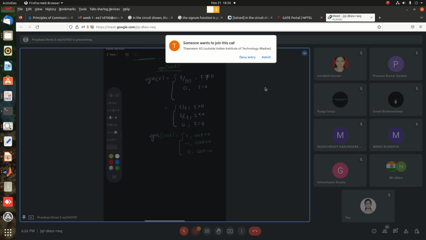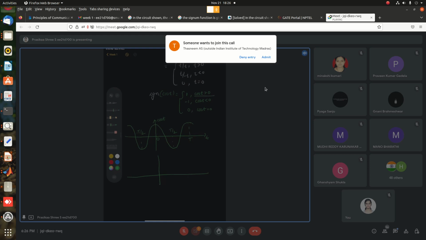Just in place of t, substitute cos t. We know the graph of cos t. It is something like this with period T. So here it should be T by 2, minus T by 2. So something like this is the graph of cos t. They say cos t is greater than 0.